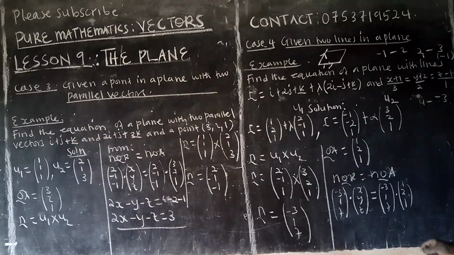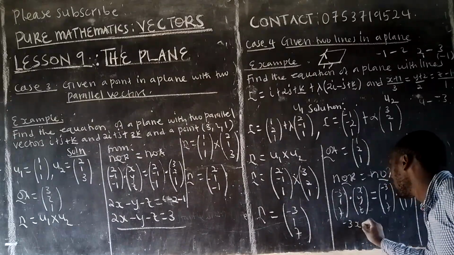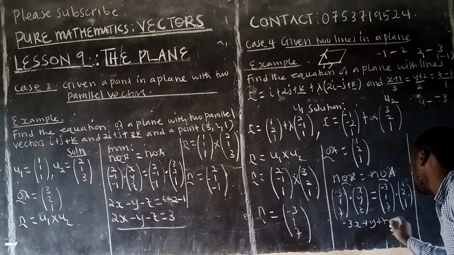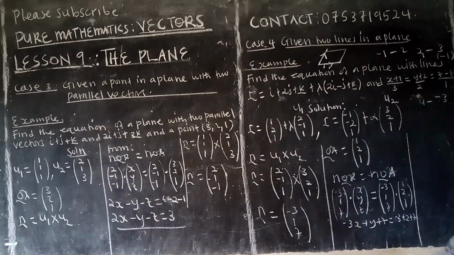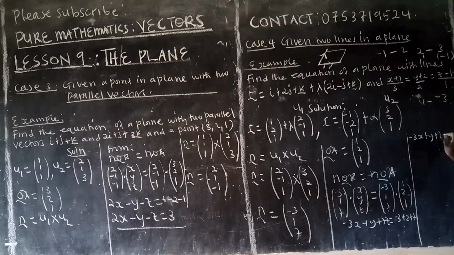Please, the point on the plane is the same as the point on the line as per what we are having. So you dot. This times this will give us negative 3x plus 1 times y, plus 7z, equals negative 3 plus 2 plus 7. So our final answer will be negative 3x plus y plus 7z is equal to, simplify here, negative 3 plus 2 is negative 1, then we shall get a 6 there.